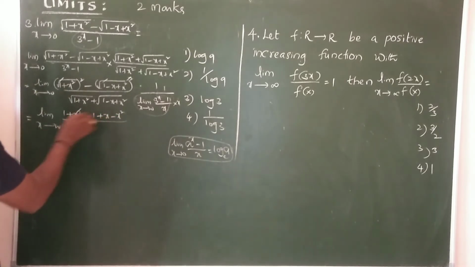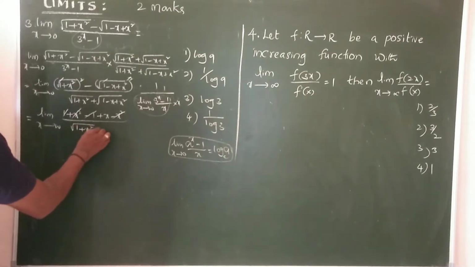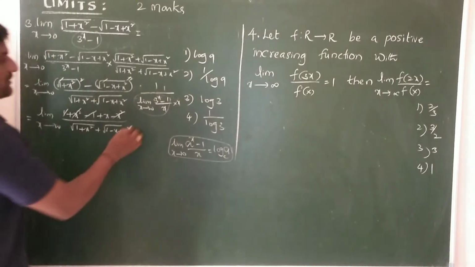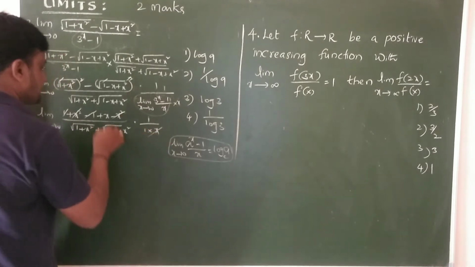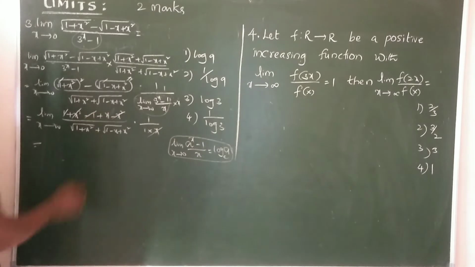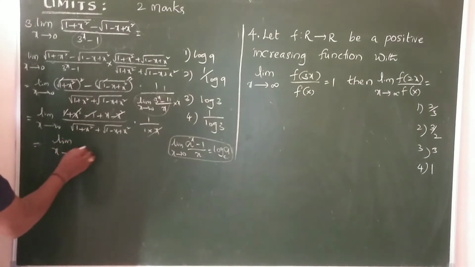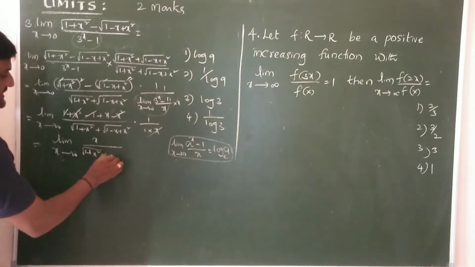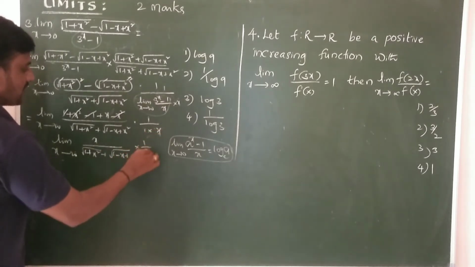Here x² cancels, 1 cancels, leaving √(1+x²) + √(1−x+x²) divided by x. Now the remaining x cancels with the 1 by x.